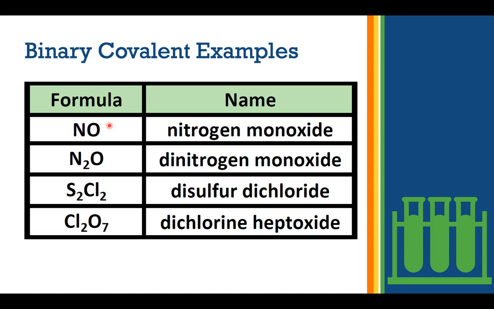You cannot use mono on the first word, ever, ever. You can use it on the second word. That's why we have nitrogen monoxide, okay? The mono means one. Remember, we're ending in "ide." Notice all of these have an IDE on the end, okay?